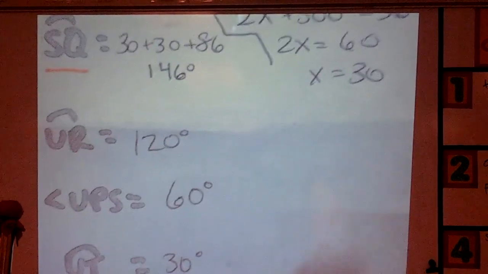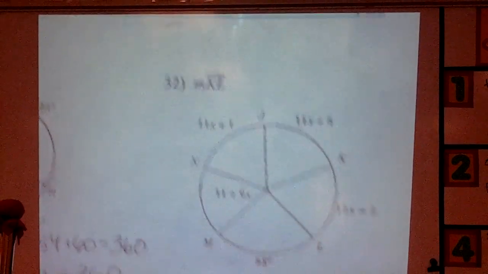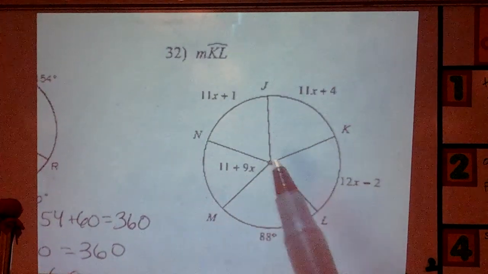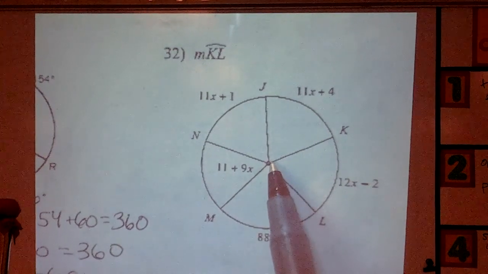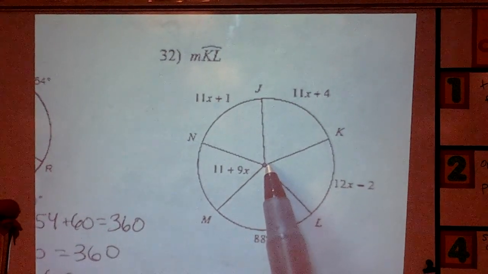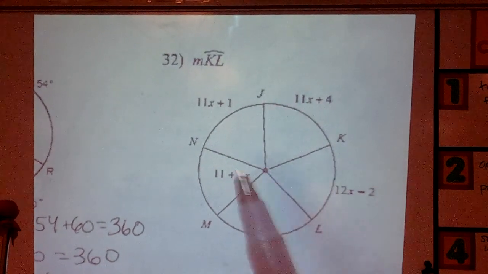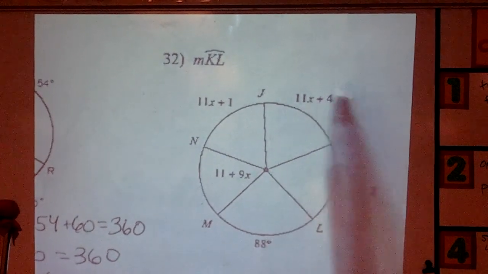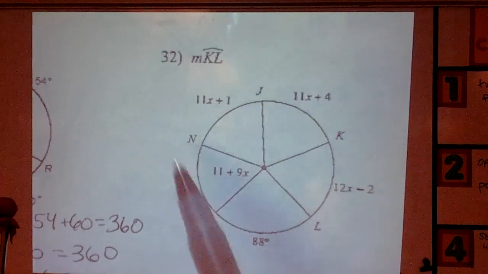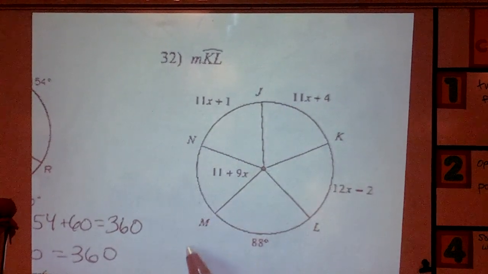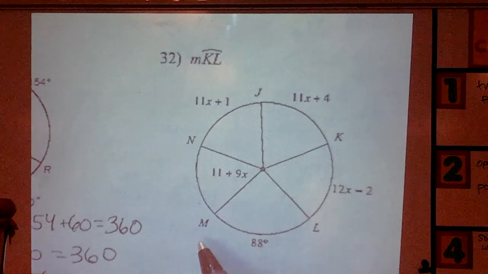Now the last one tries to throw you for a loop, throwing in a whole bunch of variables, but it's the same exact thing. I know I'm dealing with central angles because it's all coming from the center of the circle. Wow, we were creative with our names. So when I'm thinking about central angles, I'm thinking all the arcs are going to add together to equal 360 degrees.